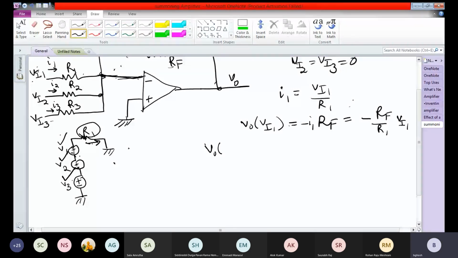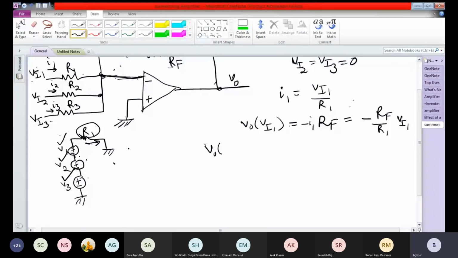This is always true. Here we have a very simple series configuration, but it is always true for any configuration. This is called the superimposition theorem or the superposition theorem.